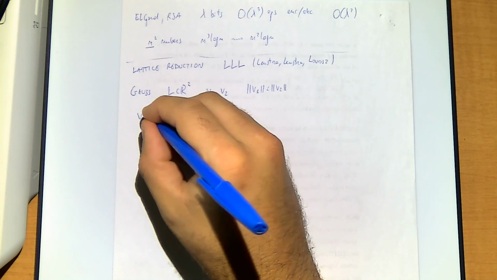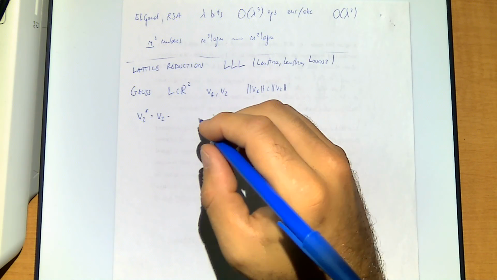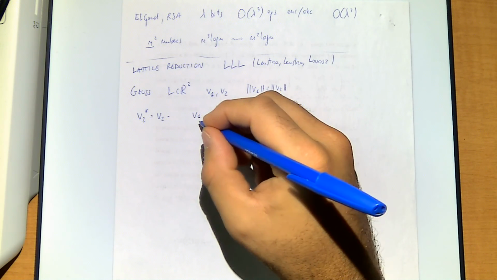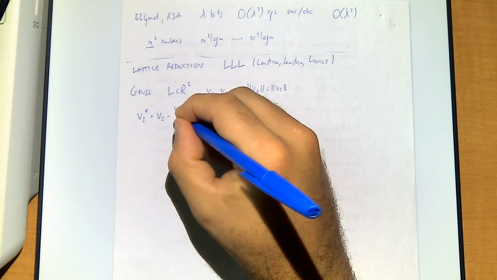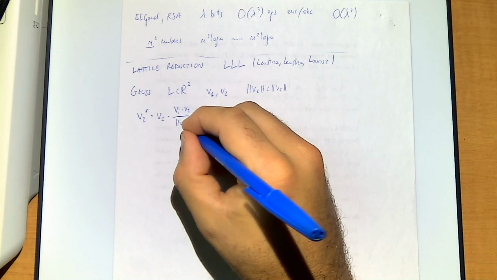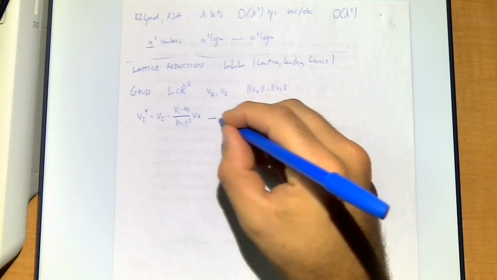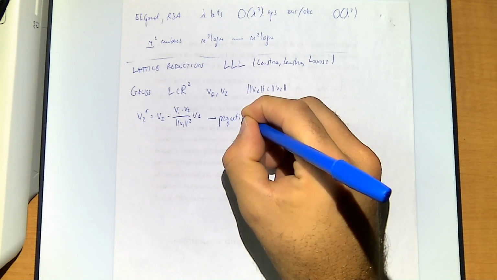So what we can do is create a V2 star, which is essentially V2 minus a certain multiple of V1, namely V1 times V2 divided by the norm of V1 squared. Why do we do this? Because then this vector here is the projection vector of V2 onto the orthogonal complement of V1.